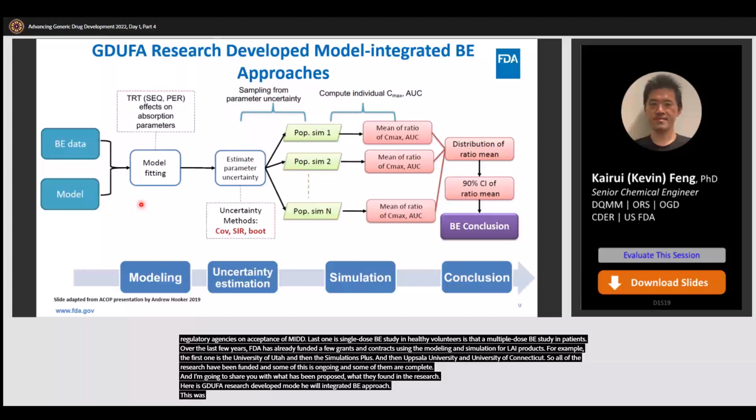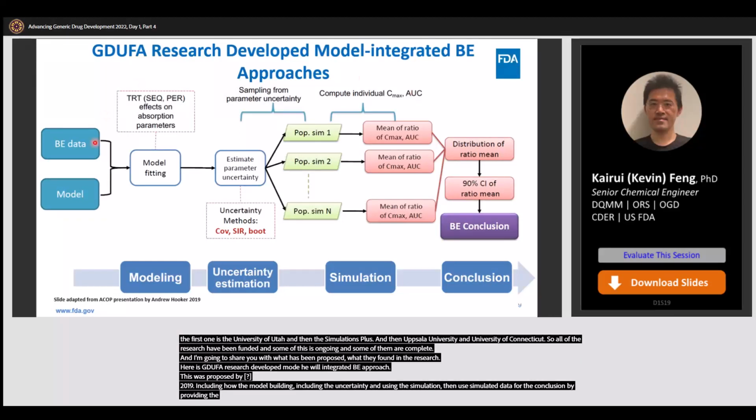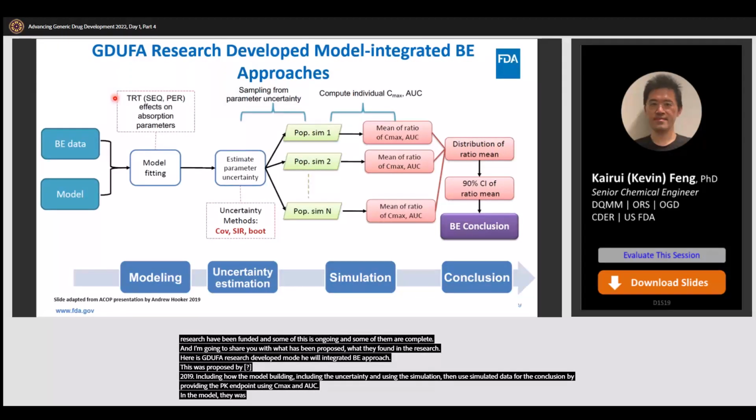It includes how to build the model, how to include the uncertainty, and using the simulation, then using simulated data for the conclusion by providing the PK endpoints using Cmax and AUCs. In the model, they also include the formulation difference with the treatment effect or sequence effect in the absorption parameters.